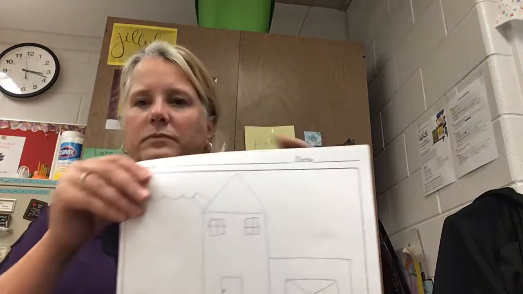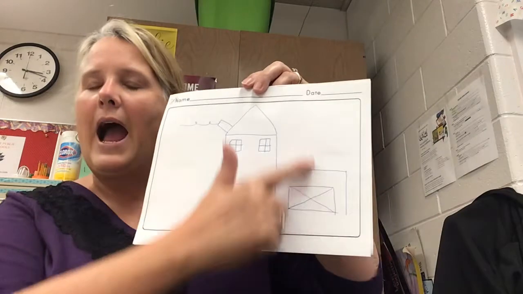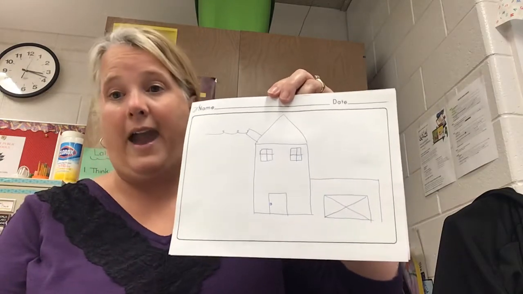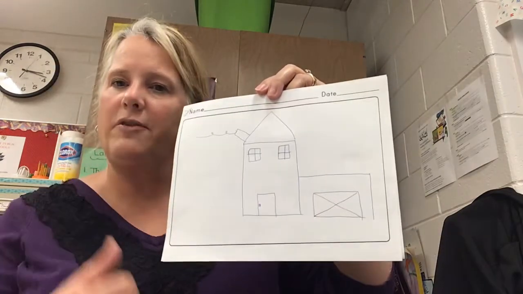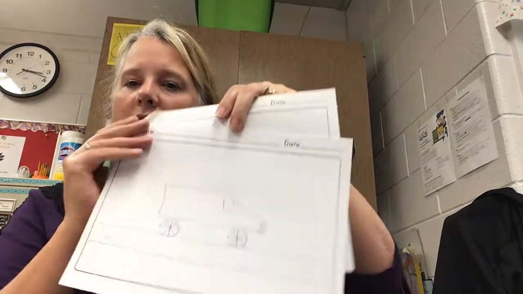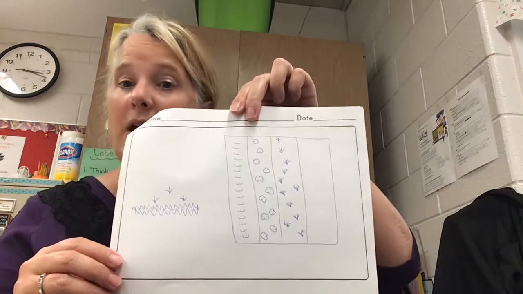So I have a story today, and I did things that I have. Here's a picture of my house. And next I had a picture of my car. And last I have a picture of my garden.